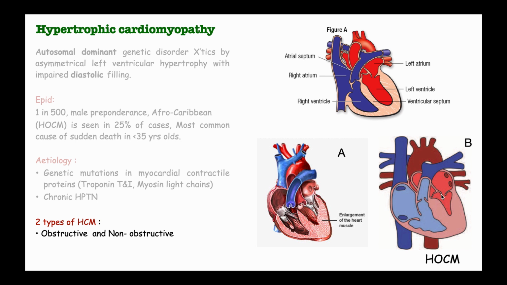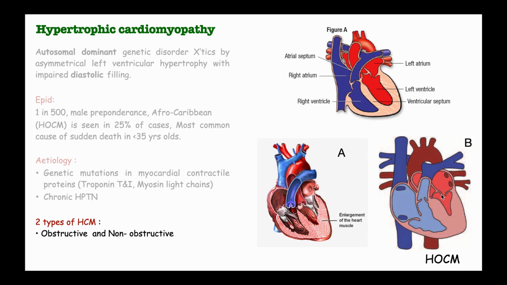However, when we look at hypertrophic cardiomyopathy caused by this primary abnormality of the myocardium, we find that the myocardial fibers are arranged in a chaotic fashion and are disorganized.